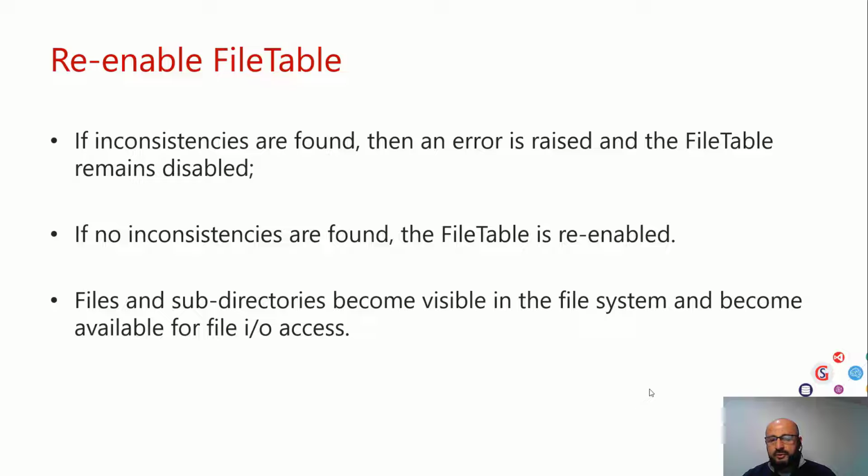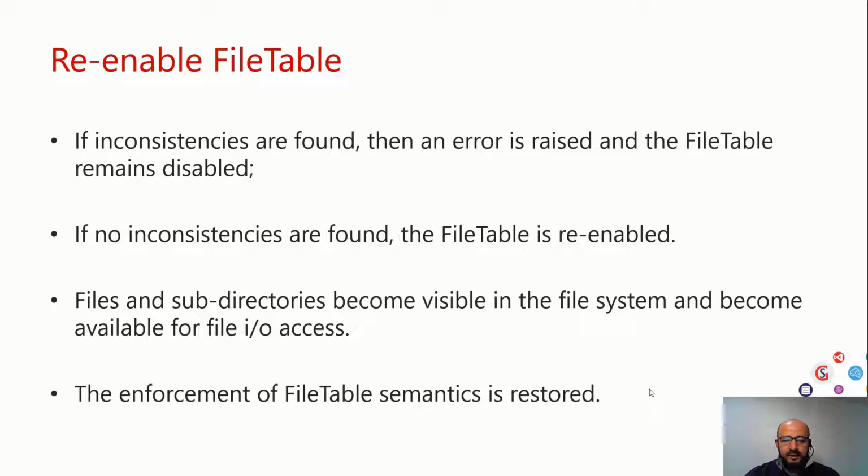If you recall, there were 3 settings that allow us to enable FileStream, allow transactional access, and then allow remote access for these files. So if everything is kosher, once we re-enable the file table, then everything will once again become available for access. So it also checks to see that the file table semantics are enforced and they are restored.